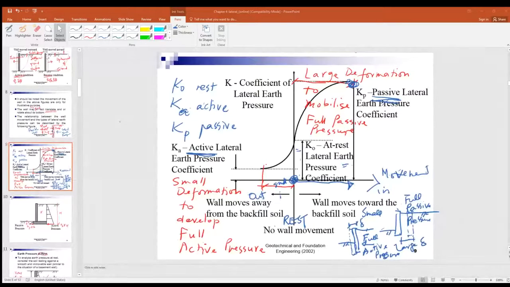So is that okay? So is my explanation clear?